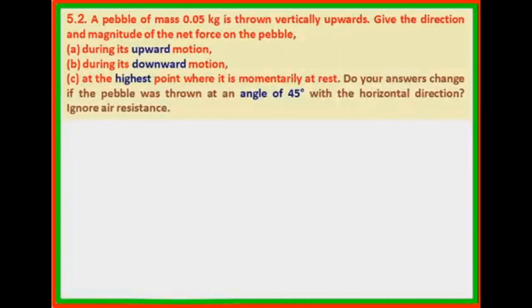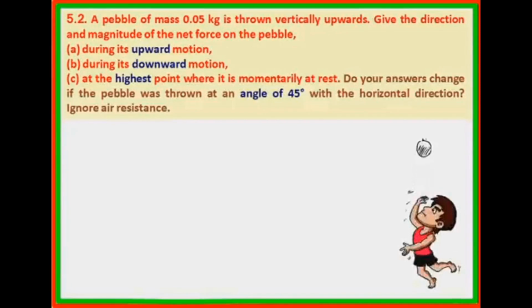Question number 5.2. A pebble of mass 0.05 kg is thrown vertically upward. Give the direction and magnitude of the net force on the pebble. So we have four cases here. The first case, the upward motion of the pebble.